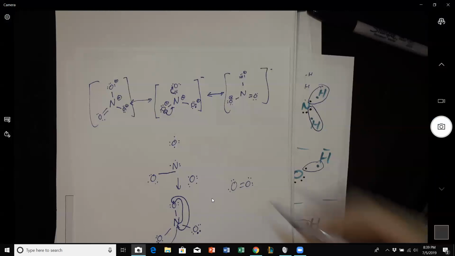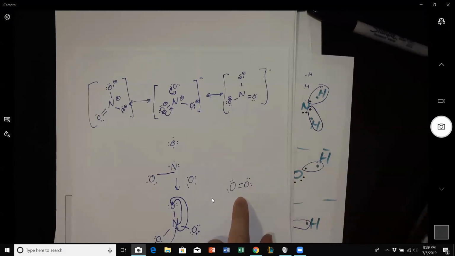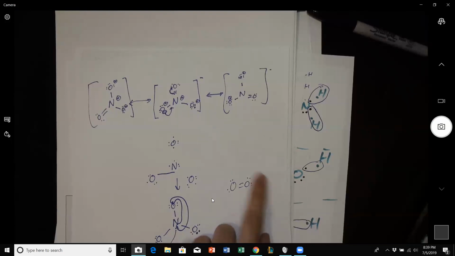All of the electrons are in either bonding pairs or lone pairs. So using this picture, we would predict that oxygen gas should repel magnetic fields, for reasons we don't need to go into. However, if you take oxygen gas and turn it into a liquid, it's this blue liquid, and it turns out it attracts a magnet, which doesn't make sense given this model. So we can explain this phenomenon using molecular orbital theory.